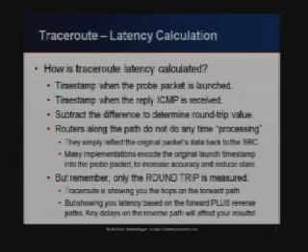But a lot of times what happens is the traceroute program itself encodes the launch time in the packet itself. The reason for that, number one, it reduces state, so the program doesn't have to keep track of what time it launched the packet. It gets the return packet back and it has all the state that it needs.